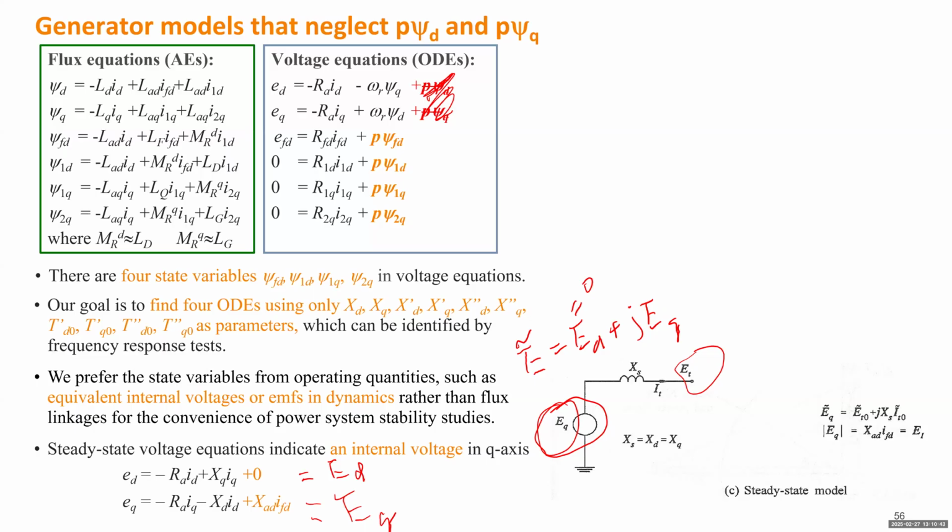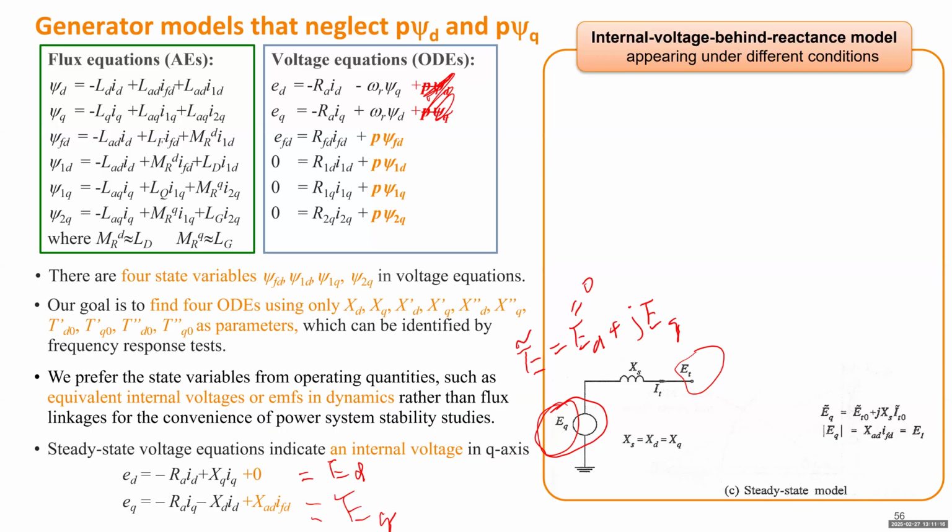Okay, but our goal is to find a differential equation describing the transient dynamic and the subtransient dynamic. So can we borrow this idea to introduce another circuit describing the transient dynamic, and another one describing the subtransient dynamic? The transient dynamic circuit will utilize parameters with a single prime, and the subtransient dynamic circuit will utilize parameters with a double prime.